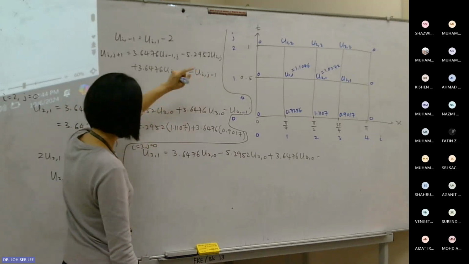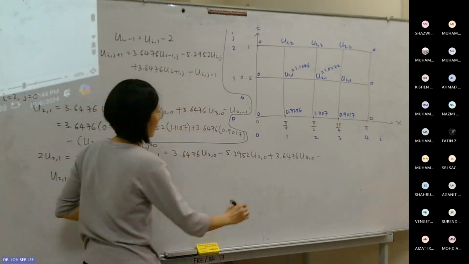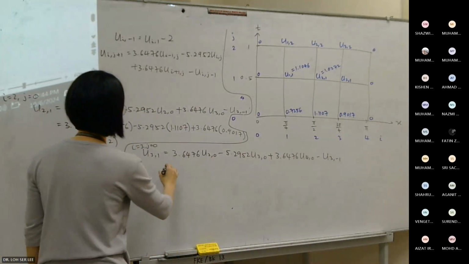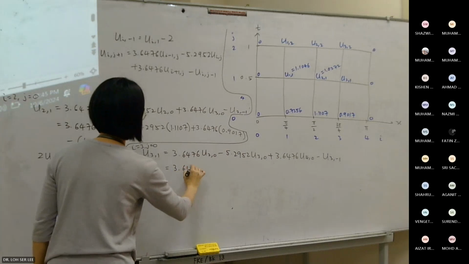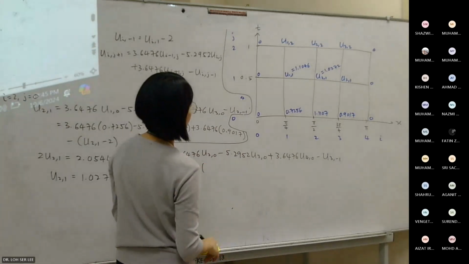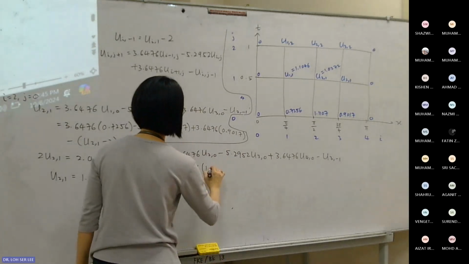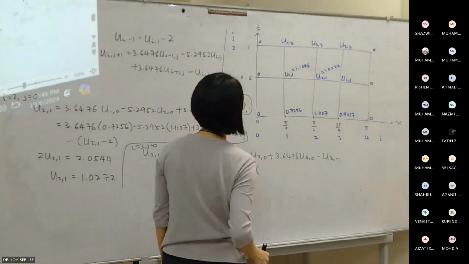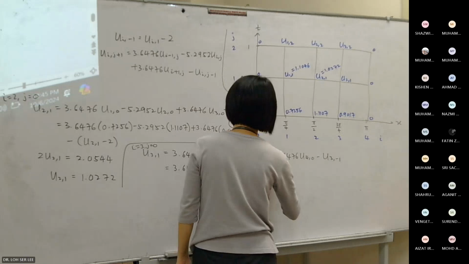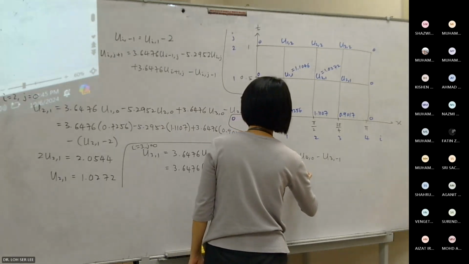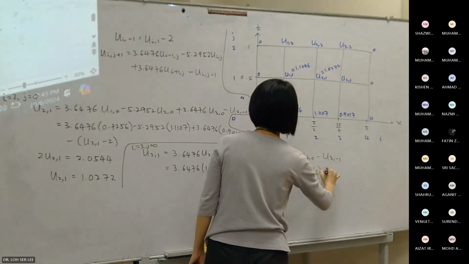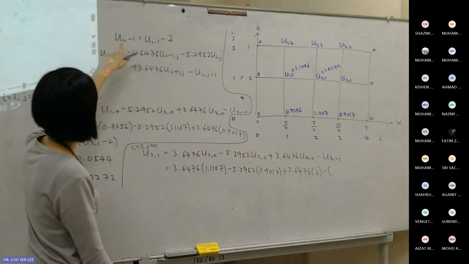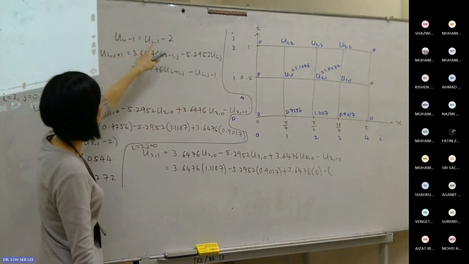This one is negative 1. 3, negative 1. U3, negative 1 means U31 minus 2.